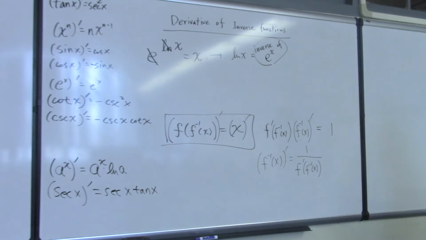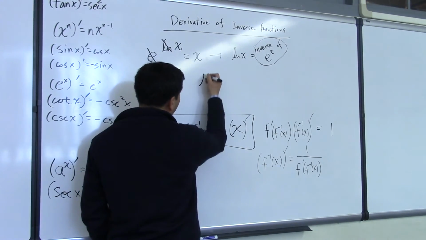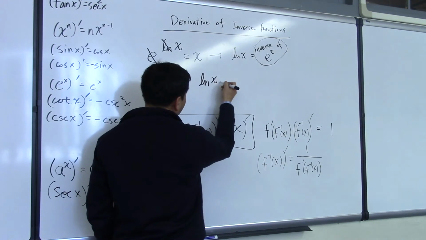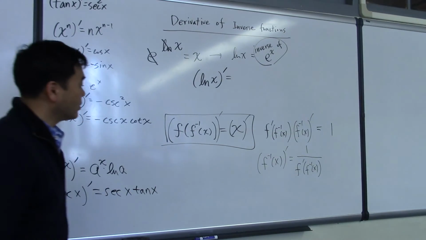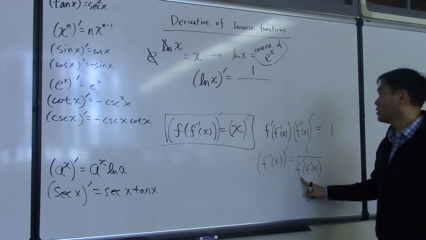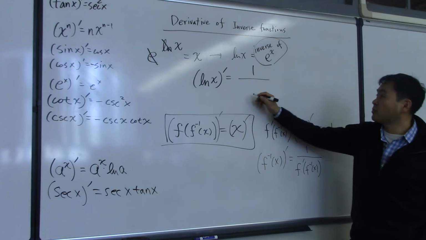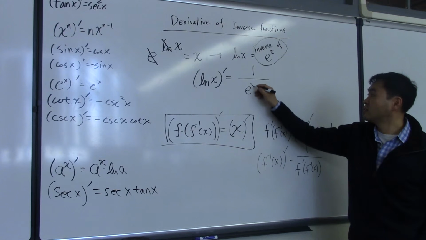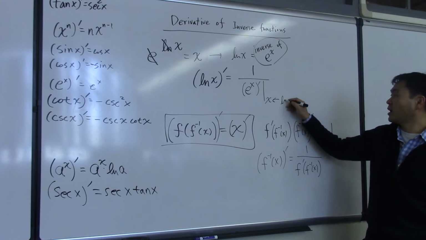All right. So therefore, according to this formula, if I want the derivative of ln of x prime, then it should be 1 over e to the x differentiated. You have to differentiate this, and inside the x, you have to plug in ln of x.